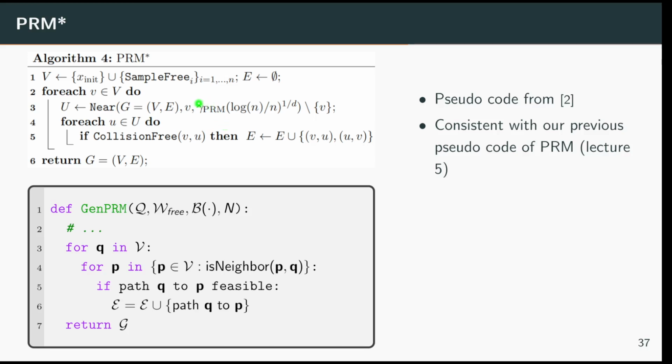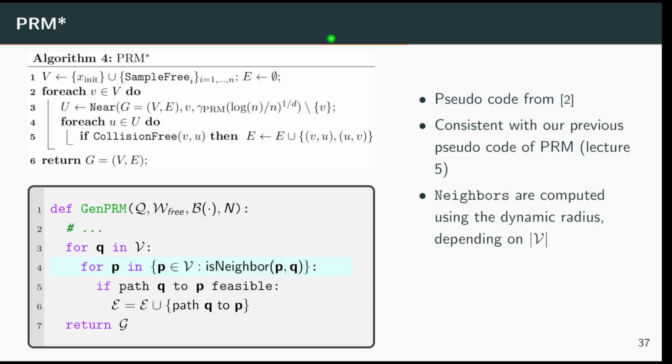And the main difference for PRM star is a funny equation over here that uses a radius for what neighbors mean that depends on the number of samples that we have, right? So the more samples you have, the smaller the radius becomes.